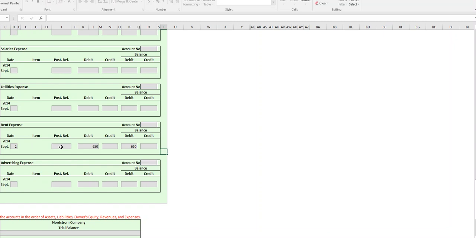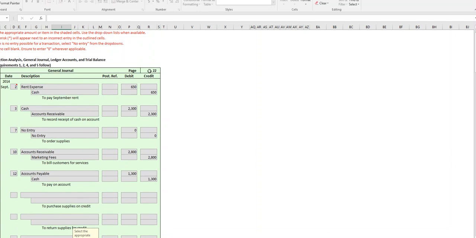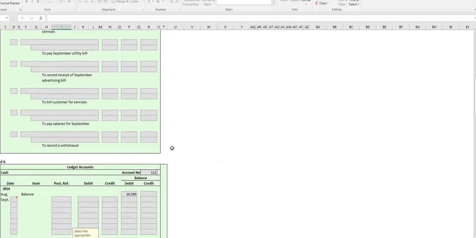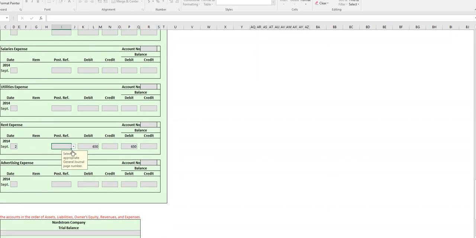Now my post reference column, if you can't remember, go back in your book, chapter 2. The post reference is going to be the page of the journal, and that was page 22. So go back down here and we put journal 22, that's page 22. And that's how that works. All the other cells, we leave blank. Don't put anything in them.